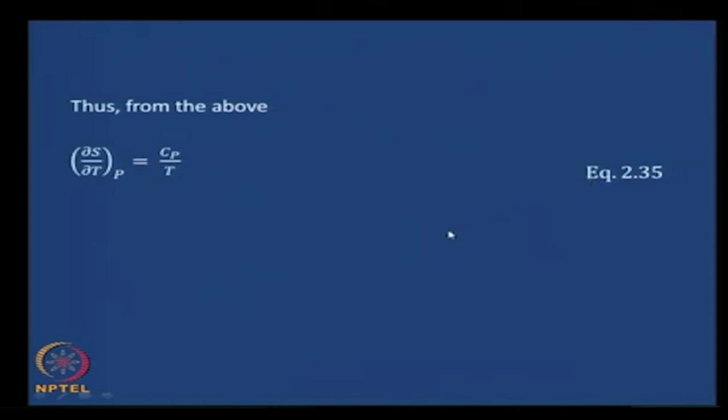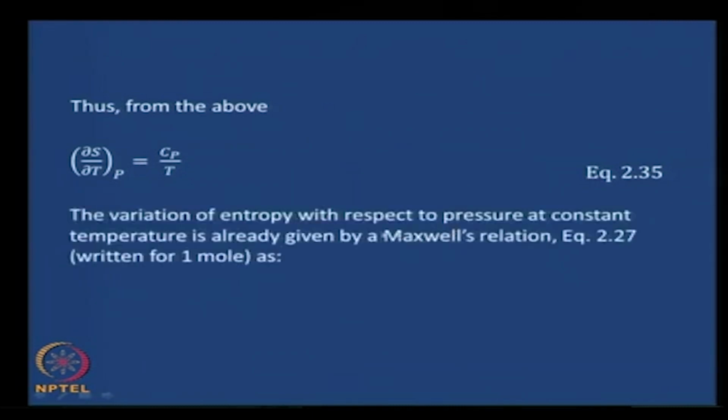So, we have some more remaining. The variation of entropy S with respect to pressure at constant temperature, ∂S/∂P with T remaining constant, is actually given by a Maxwell's relation. We had written all 4 equations for 1 mole of a pure substance.